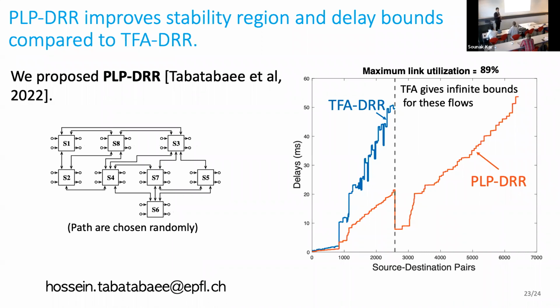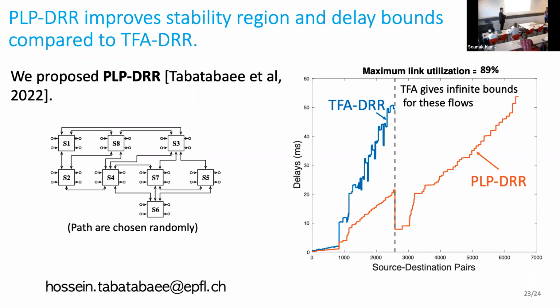The question is, when we have cyclic dependencies, how do we find a starting point for this fixed point? To answer that, for TFA, there are different methods that will be discussed by Stefan. But we could start from, for example, 0, and at the end, when you reach the fixed point, you reach valid delay bounds.